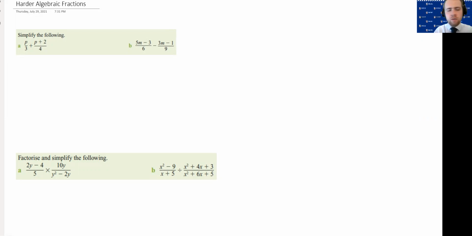When we've got two fractions we're adding together, we need a common denominator. So we're going to have to multiply each of the fractions by the factor that it's missing from the other. So we're going to need to multiply this top and bottom by 4, and all of that by 3.